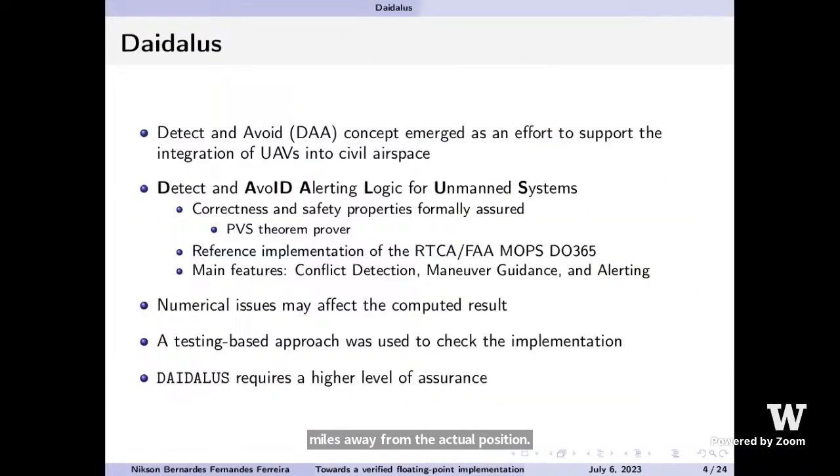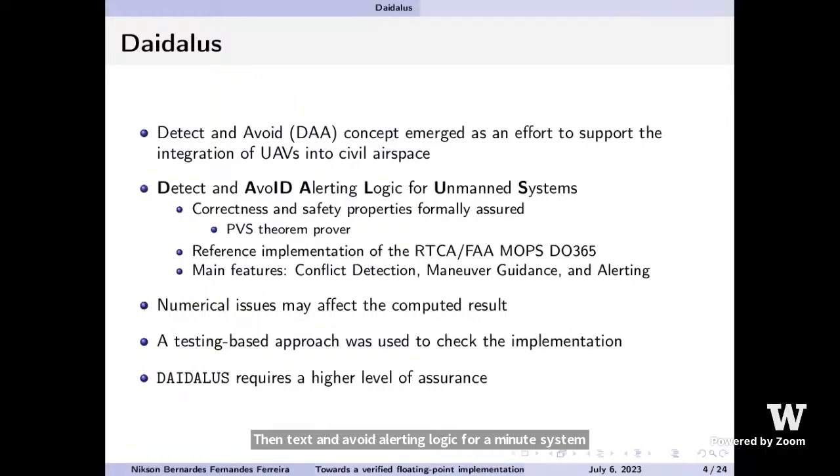Our safety-critical application is in the context of the integration of unmanned aircraft in the civil airspace. In the past few years, several organizations have been trying to develop solutions in that way. One of them is DAIDALUS, the detect and avoid alerting logic for unmanned systems developed by NASA.